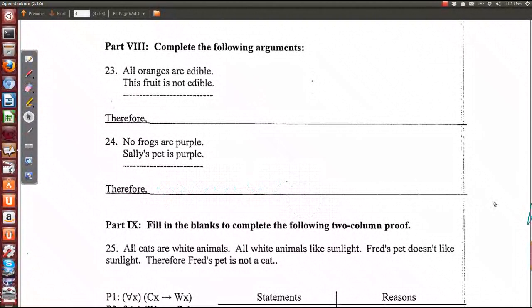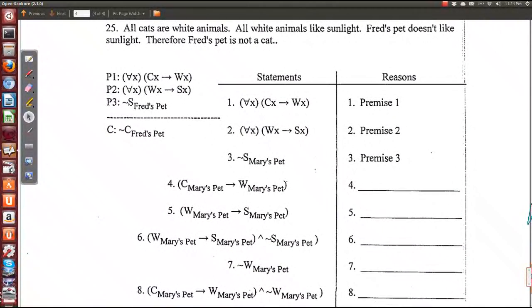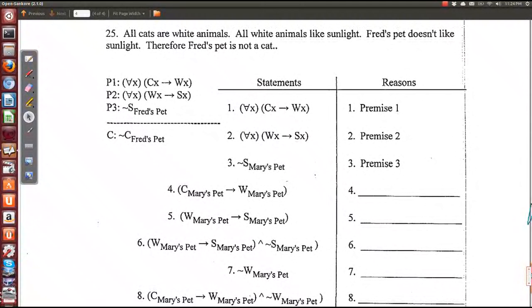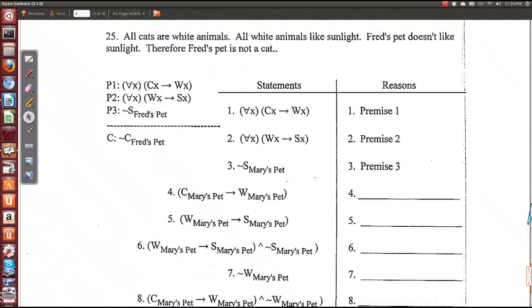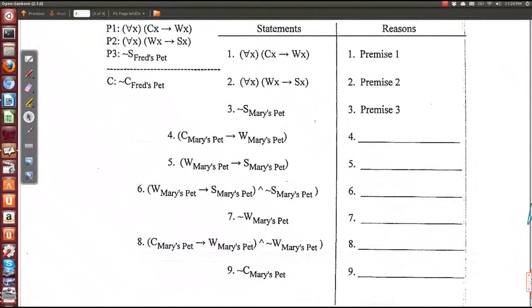So for problem 25, I've got all cats are white animals. All white animals like sunlight. Fred's pet does not like sunlight. Therefore, Fred's pet is not a cat.